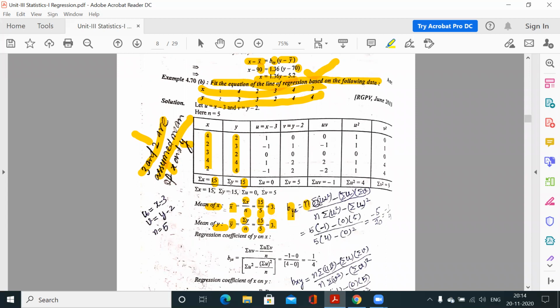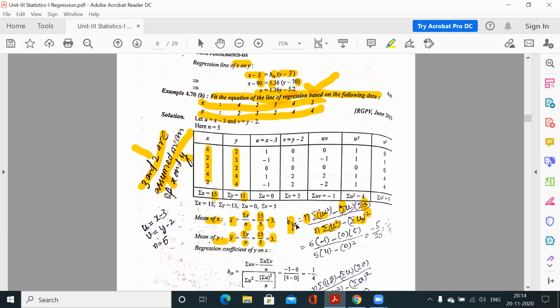So what is b_yx? This is n summation uv minus summation u summation v, over n summation u square minus summation u whole square. So what is u? U is x minus 3, because this is a_x, and v is y minus a_y, which is 2. I have assumed 2 as mean for y data. So u is x minus 3, v is y minus 2.